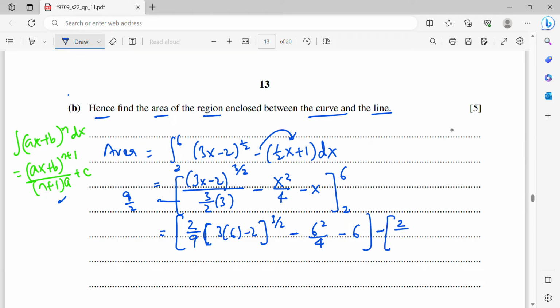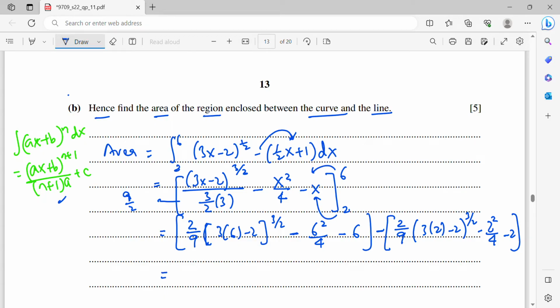So I will get 2 over 9. Then 3 bracket 2 minus 2 to the power of 3 over 2 minus 2 squared over 4, then minus 2. So just replace the x by 6, then minus when the x by 2.